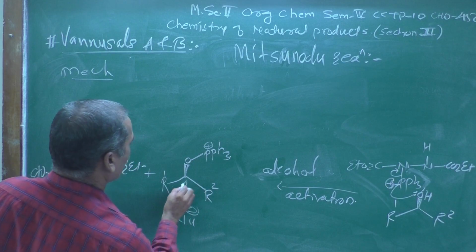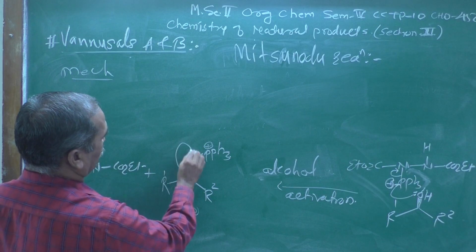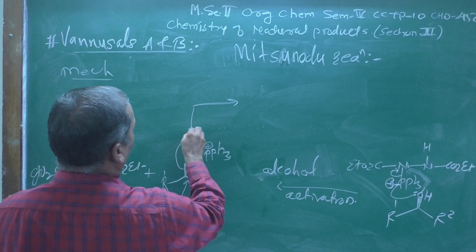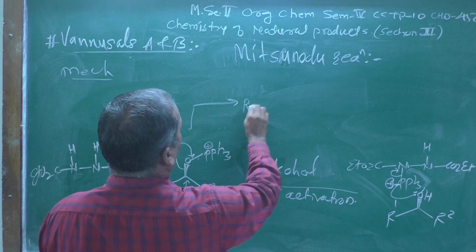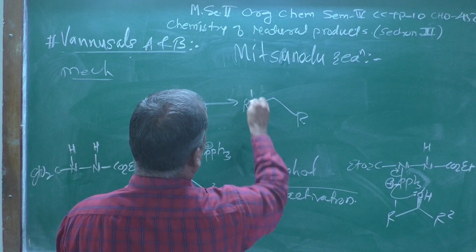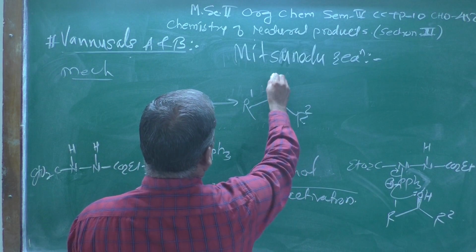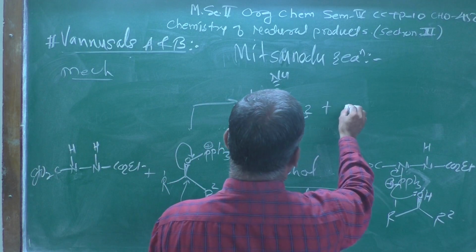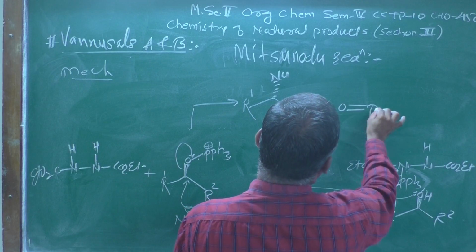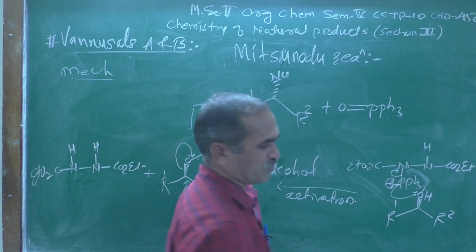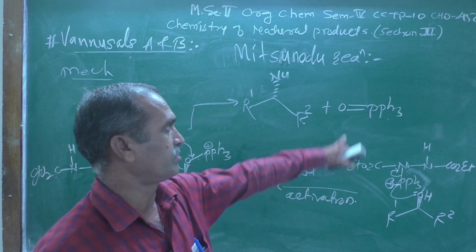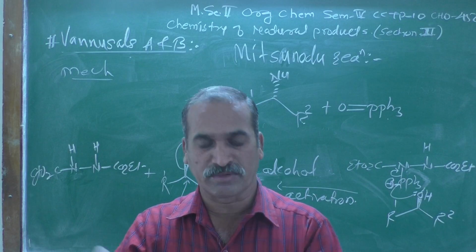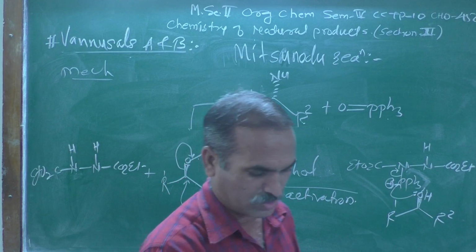The nucleophile is attacking from the back side and this is forming a double bond, and finally we are going to get over here R, then R1, R2, the nucleophile coming from the back side, and this one double bond O, PPh3, because as we know the driving force behind it is the formation of the bond between phosphorus and oxygen.